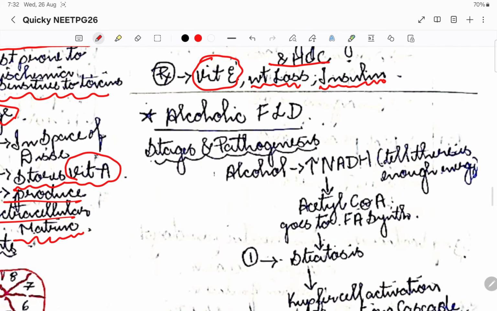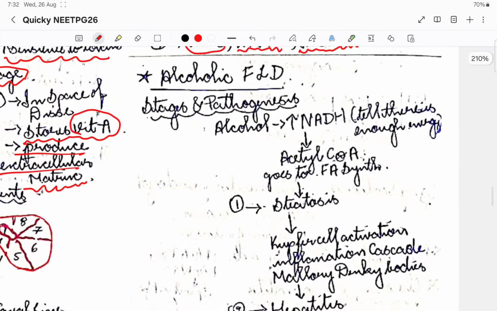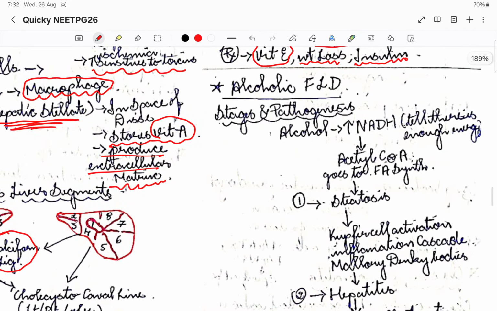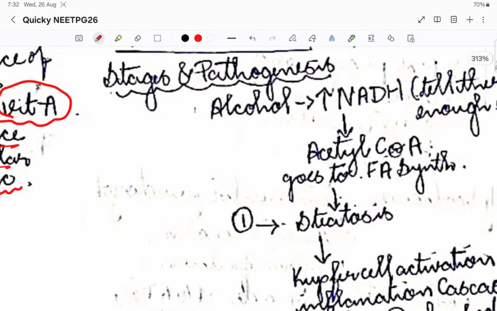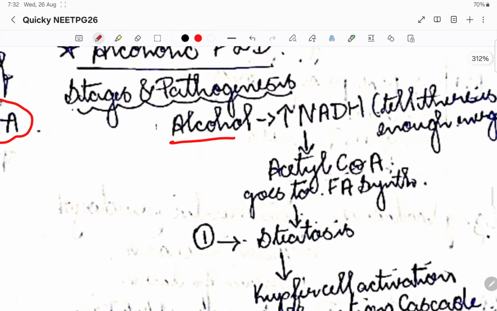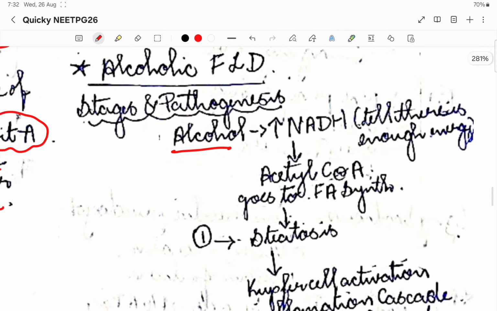Coming to alcoholic fatty liver disease, there are stages with respect to fatty liver disease. These stages are nothing but the pathogenesis pathway with respect to alcohol. So let us see how it happens. We had seen the glycolysis process in biochemistry, so let us go back to revise it. Alcohol increases the NADH in the body, which tells that there is enough energy.